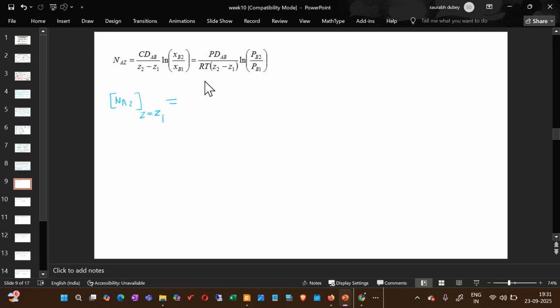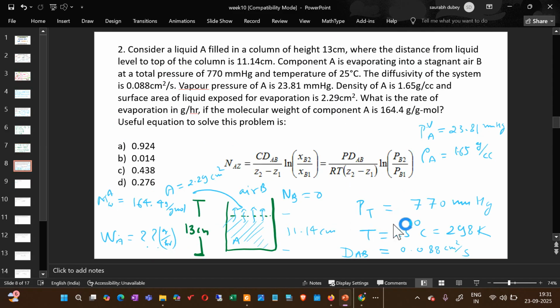So in atm we have to convert, right? 1 atm equals 760 mm of Hg, and in this one you have 770.